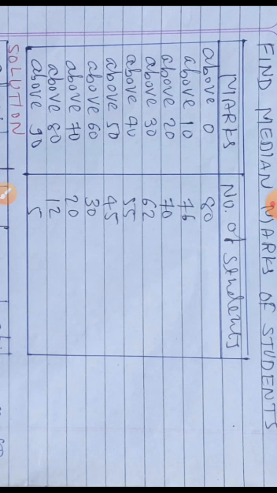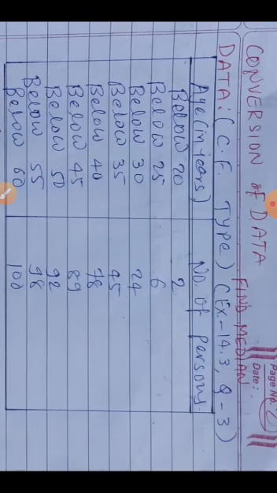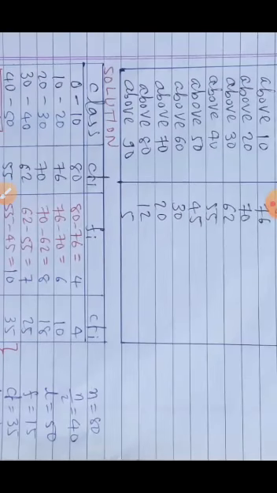Here the difference is 'above'. Another difference you can mark is that the numbers in the second column are in decreasing order. In the first one, they were in increasing order. This is our first data, where the number of persons, the CFI column, is in increasing order. Now what you are looking at is in decreasing order.